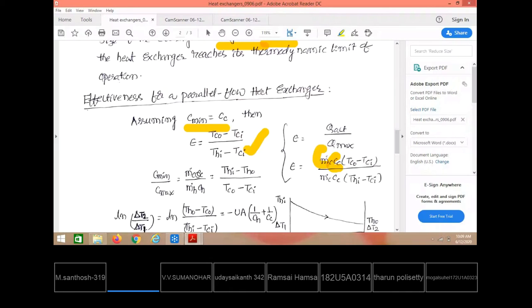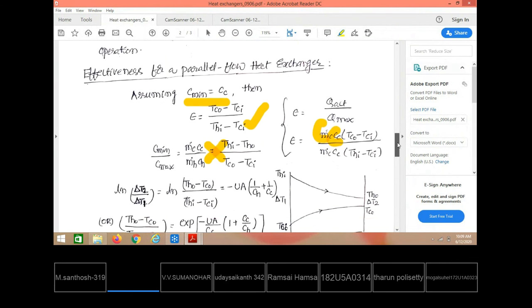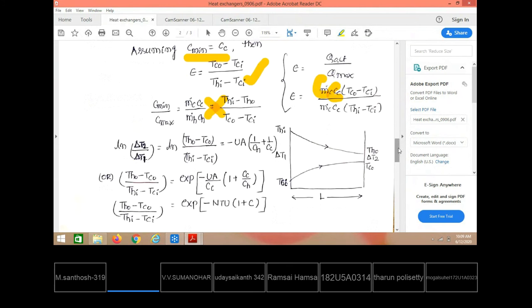It is the cold fluid heat capacity Cc by the hot fluid heat capacity Ch. Since the heat lost by the hot fluid equals the heat gained by the cold fluid, on cross multiplication, mh dot Ch into this equals mc dot Cc into this. Therefore the ratio between these two is written as (Thi minus Th out) by (Tc out minus Tci). From the LMTD method of heat exchanger analysis, we have already written delta T2 by delta T1 for a parallel flow heat exchanger.